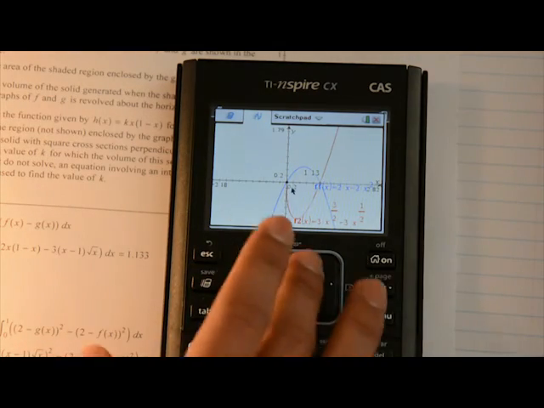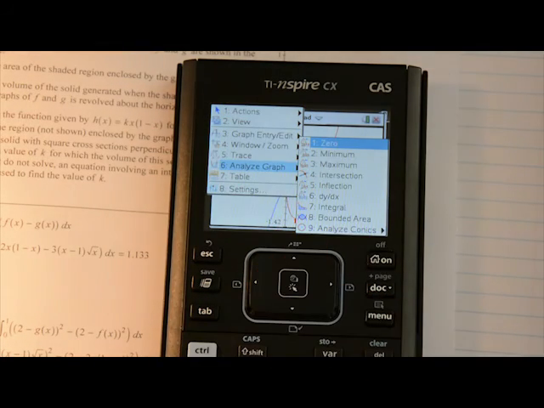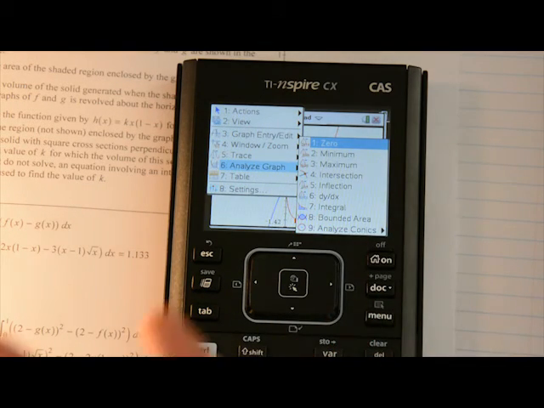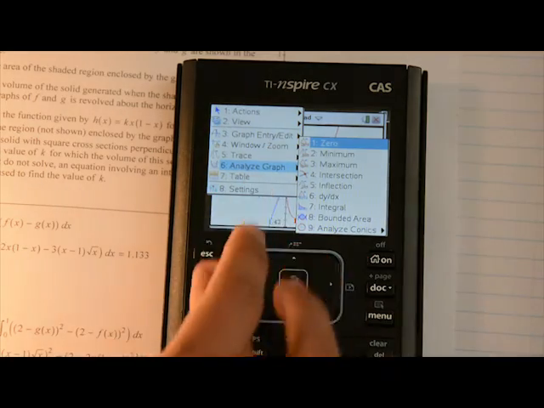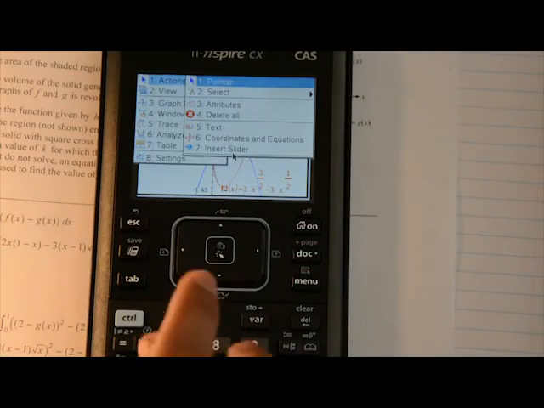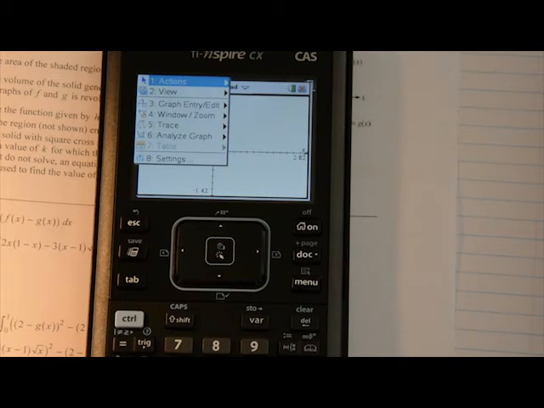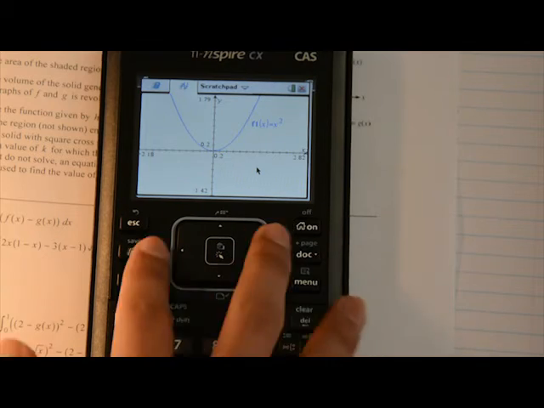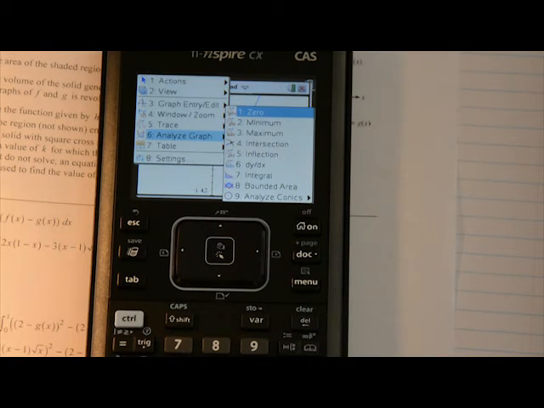So normally you can algebraically go through and solve everything, but because we have such a really nice calculator, we don't have to do that. We can easily just find it and use bounded areas to graph our areas and find the bounded area between it. So first let's start by graphing.